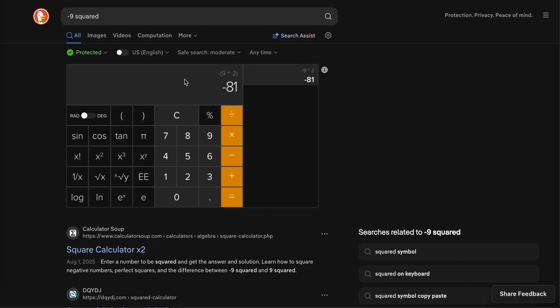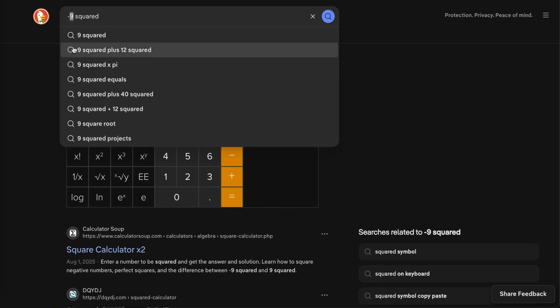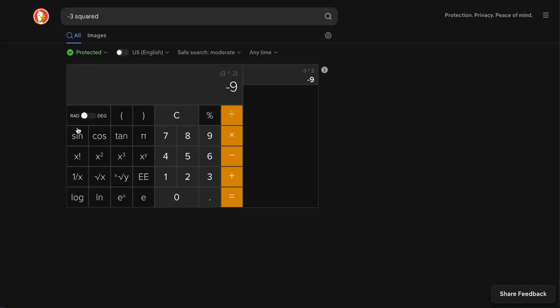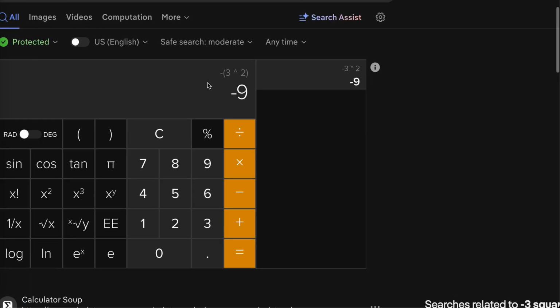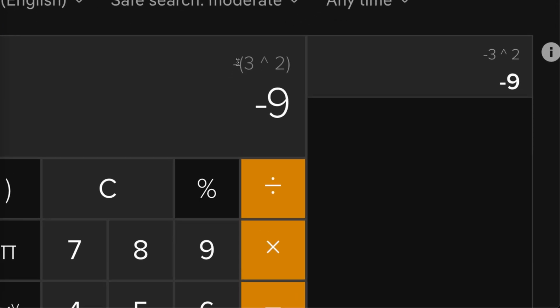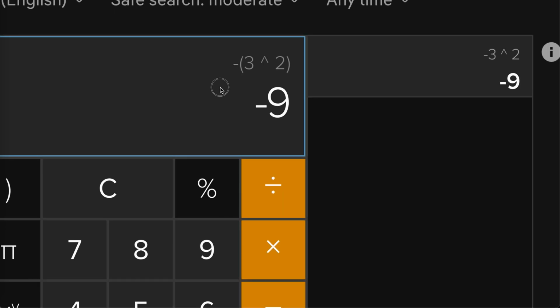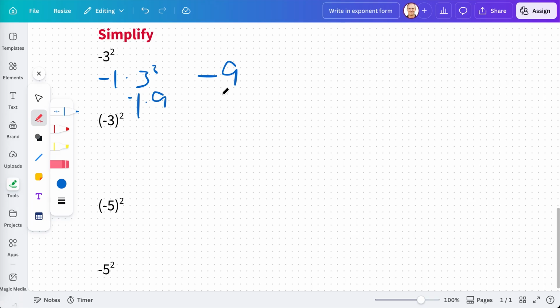No, negative, sorry. Well, okay, so yeah, for this one you keep the negative 1 on the outside of the parentheses. So you do the 3 squared first, and then multiplied by -1 equals -9.